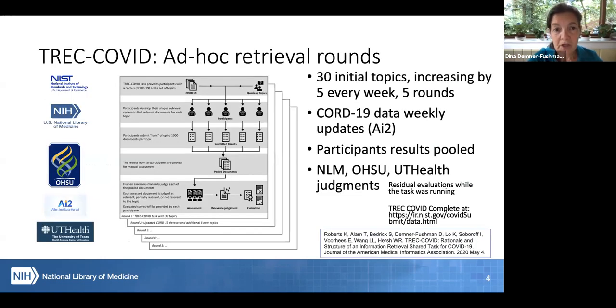So for TREC COVID, the aspects that were new were the rapidly evolving information needs and rapidly evolving document collections. Also, the novelty was that not all of these documents were peer-reviewed. Some of these were just preprints. And what's also interesting about these preprints is that they go through a review cycle and they change.